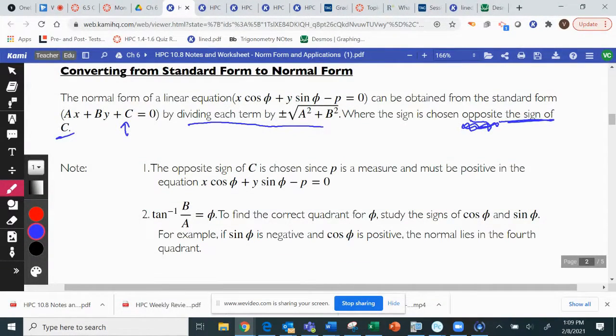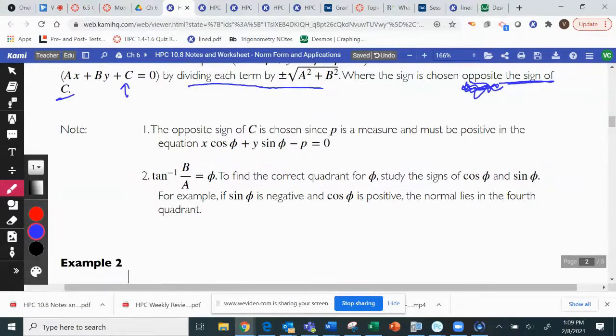So in order to convert from standard to normal form, we have to divide each term by square root a squared plus b squared, and the sign that we choose is opposite of whatever c is in the equation. So that's why the sign of c does matter. And if we need to find p, it's going to be that last number. Since p is distance, it's going to be the positive version of that, even if it says minus that number.